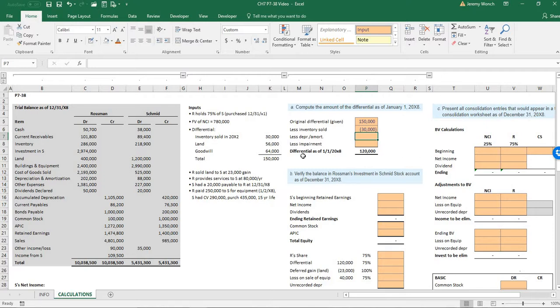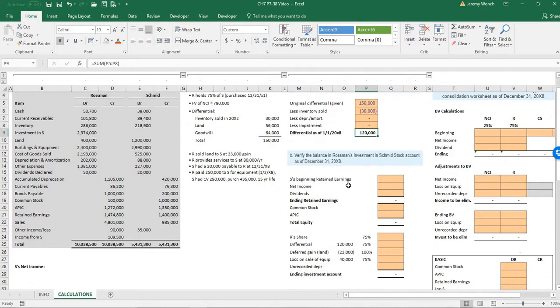The other two items that could affect this are depreciation or amortization. Land and goodwill we don't depreciate or amortize, so that's going to be a 0. For goodwill, was that goodwill impaired? It said the goodwill was not impaired, so there's no adjustment there. So the differential as of the start of the year that we're talking about is $120,000.